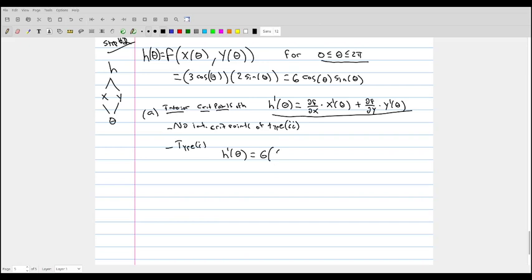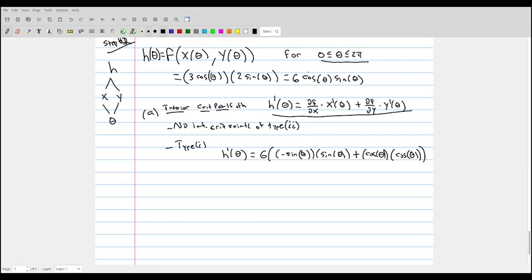So it'll be 6 times negative sine theta, which is the derivative of cosine, times sine of theta, plus cosine of theta times the derivative of sine of theta, which is going to be cosine of theta.